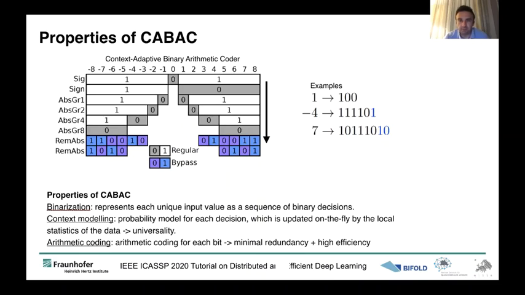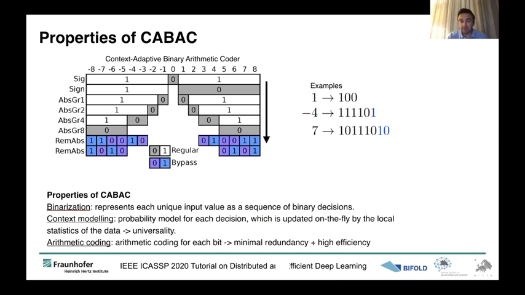As we saw here, it then has some context modeling, which means that the probability of each decision is updated on the fly by the local statistics of the data. You don't assume a probability distribution beforehand, but CABAC is adapting.